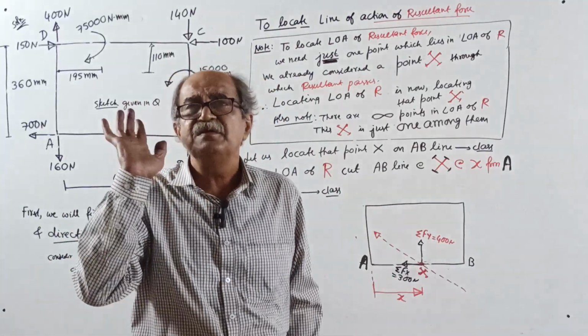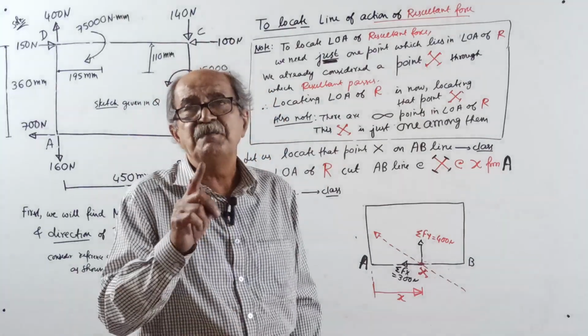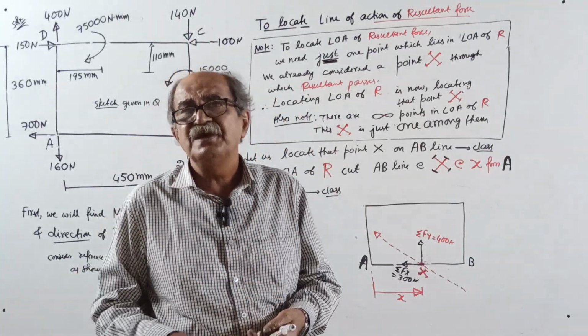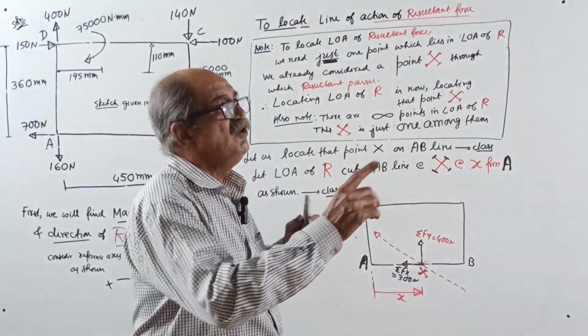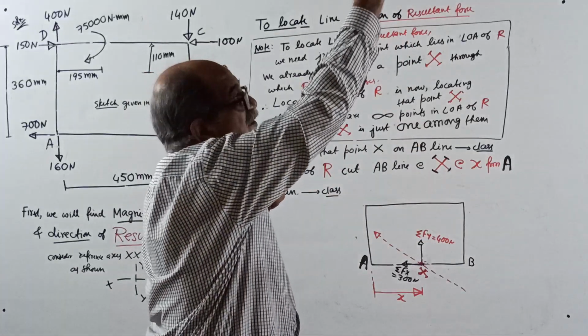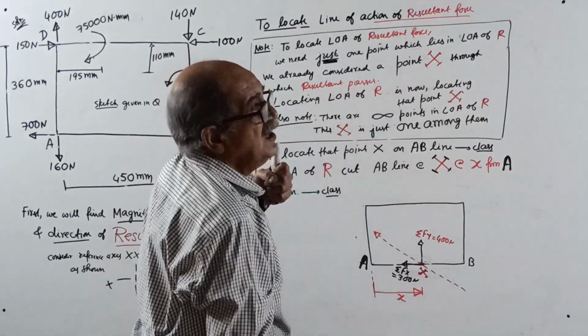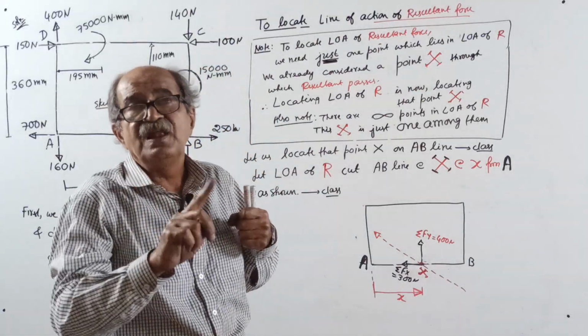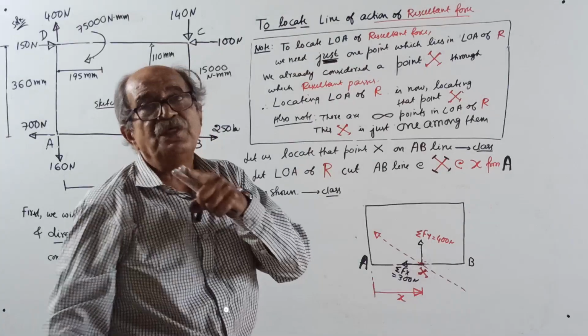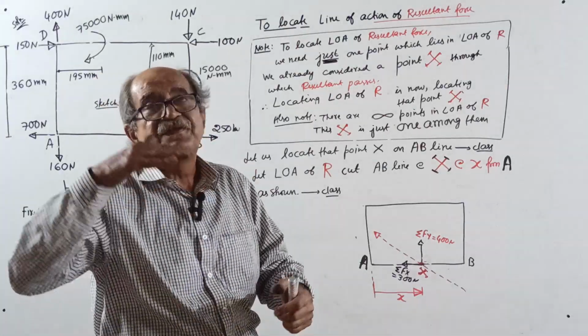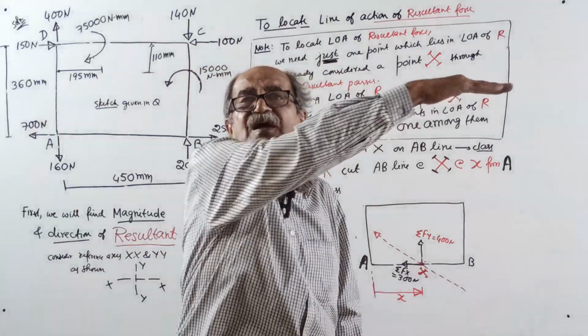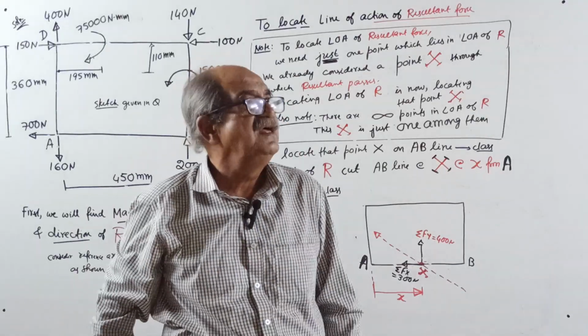But remember, sometimes, rarely, the resultant will be purely vertical. Make a note: if the resultant is purely vertical, it will not cut a vertical line, it will cut only a horizontal line. If the resultant is purely horizontal, it will cut only a vertical line.